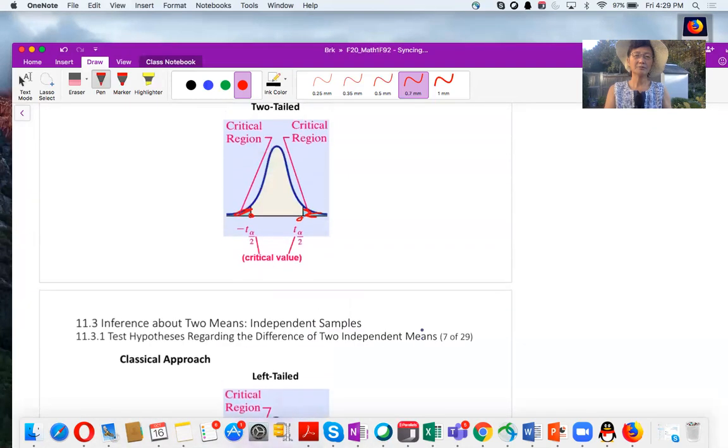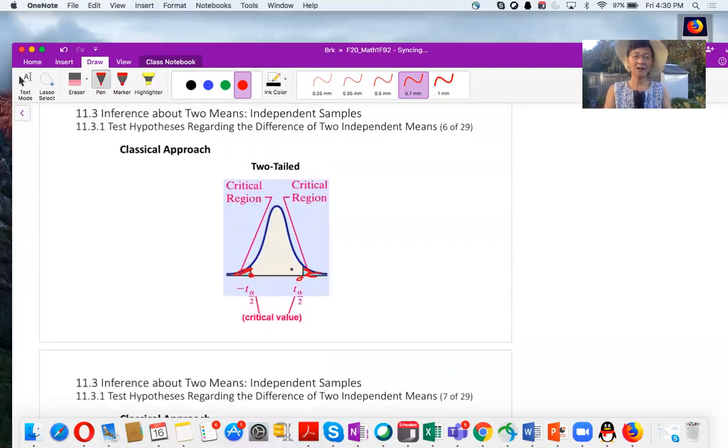If you have a two-tailed test, after you identify the critical value, label your test statistic. If your test statistic is here, you reject H0. If your test statistic is here, you do not reject H0. If your test statistic is here, reject H0. If your test statistic is here, do not reject H0.